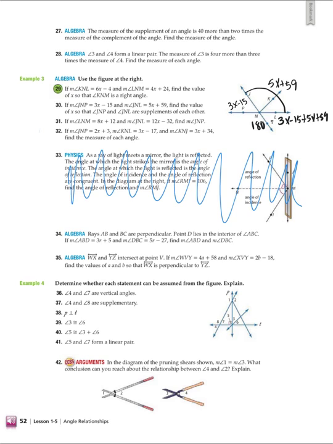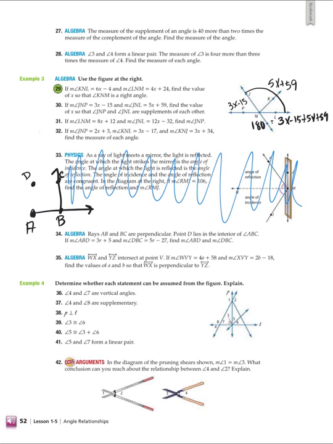Rays AB and BC are perpendicular. Okay, time to draw a drawing. So I've got A, B, and B, C. I could have gone down, I just didn't have any room. Ray AB and ray BC are perpendicular. Point D lies in the interior of angle ABC, so I've got a point D floating around somewhere.